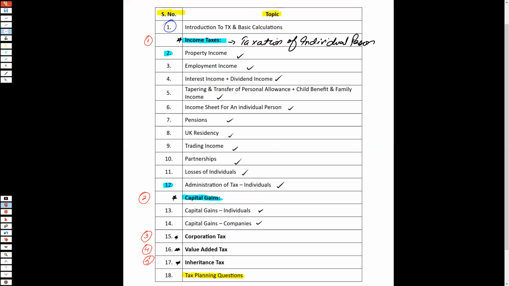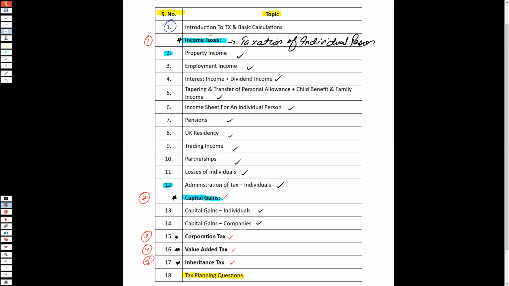Income tax is basically income-based tax, corporation tax is income-based tax, capital gains is capital-based tax, inheritance tax is capital-based tax, and value added tax is on the consumption of goods or services.